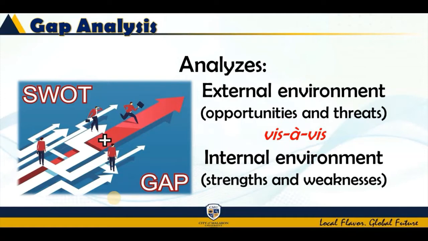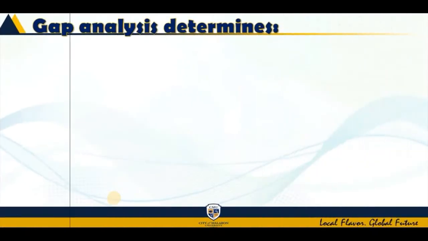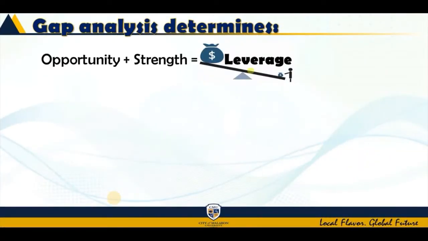This information is used to conduct a gap analysis, which analyzes the external environment and also its relationship to the internal environment. So the pairing of external opportunities and threats with internal strengths and weaknesses leads to the following situations. These are the situations in terms of gap analysis.